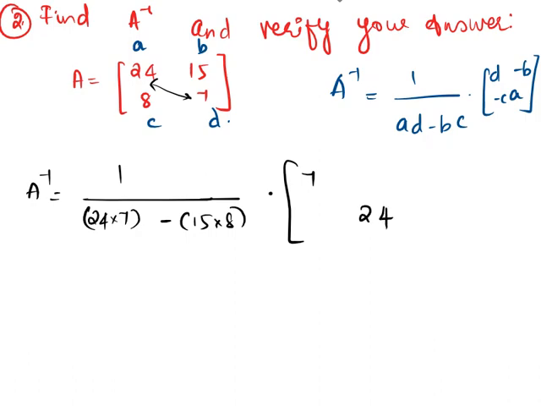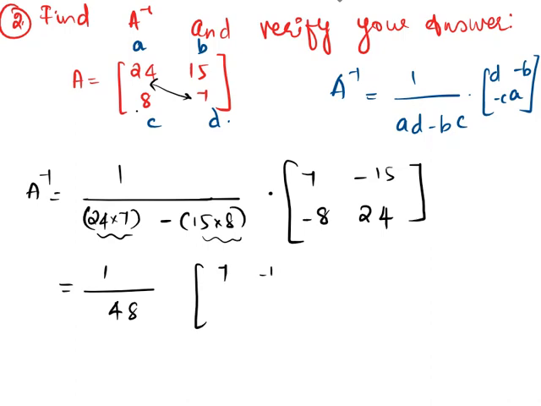The other values will be as they are, only we are changing the sign. So here 8 is there, we will put minus 8, and here 15 is there, we will put minus 15. So that will be our A inverse. On multiplying and subtracting, we will get 48, and here it will be 7, minus 15, minus 8, 24.